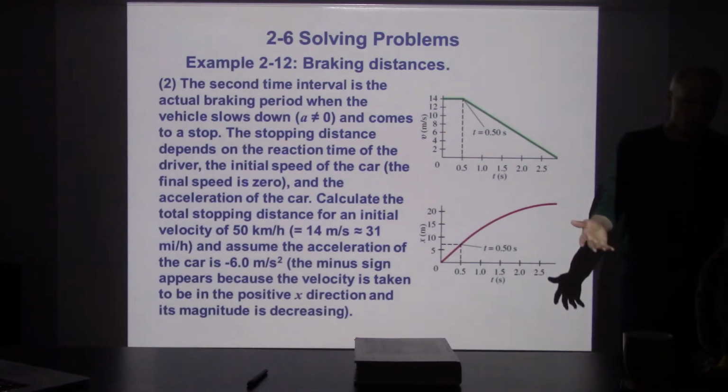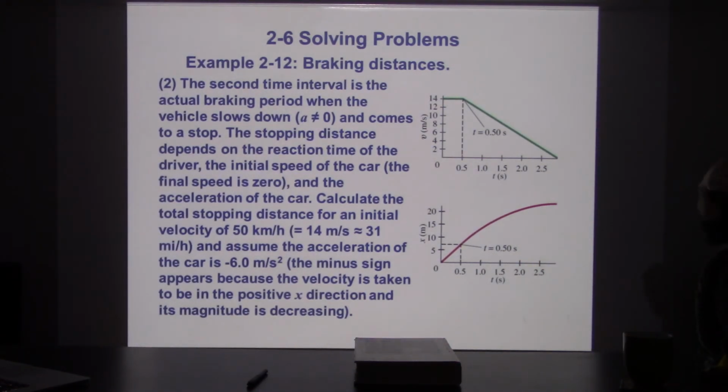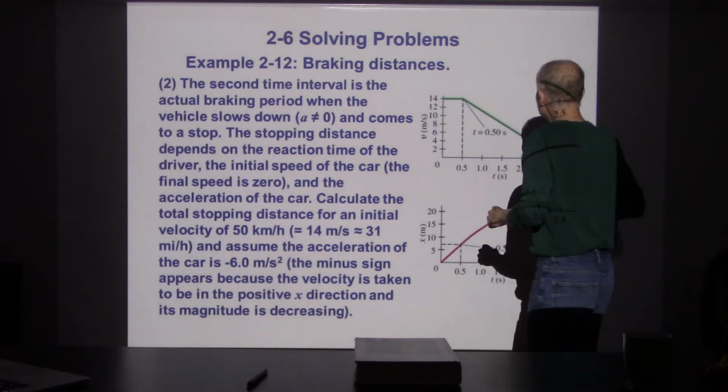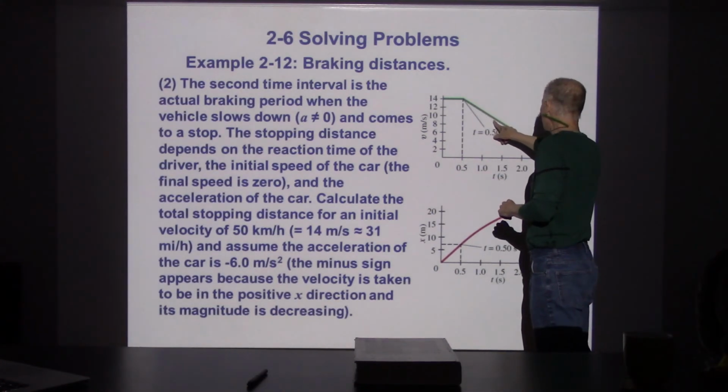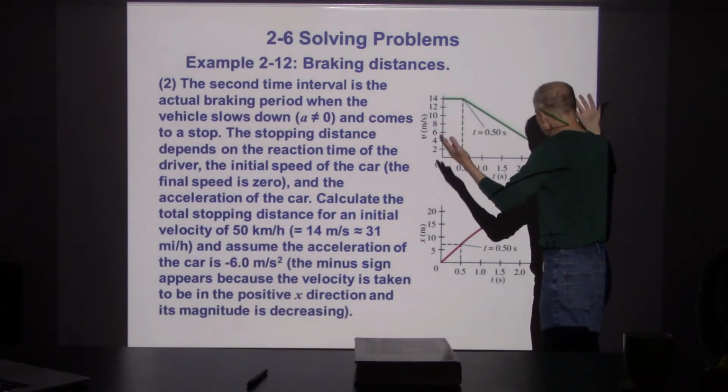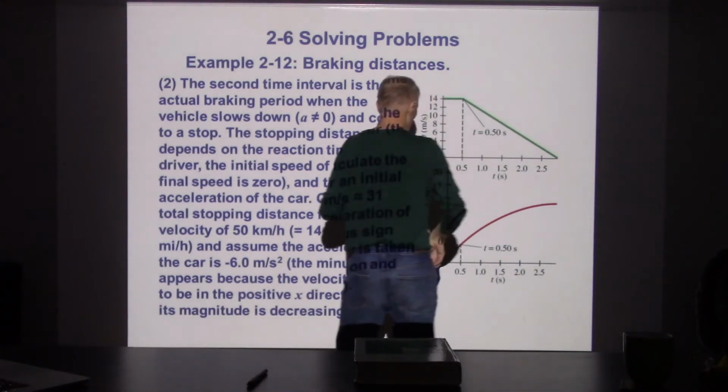Whether something is picking up speed or slowing down, I'm going to call both of those acceleration. Sometimes I'll use the word deceleration, but in any case, I could refer to this as a deceleration or an acceleration. Kind of falls in the same category.